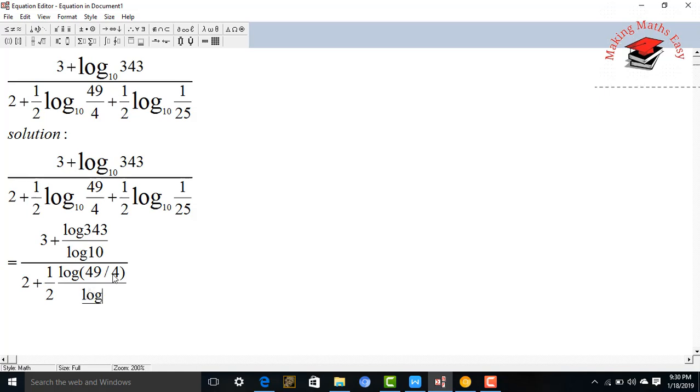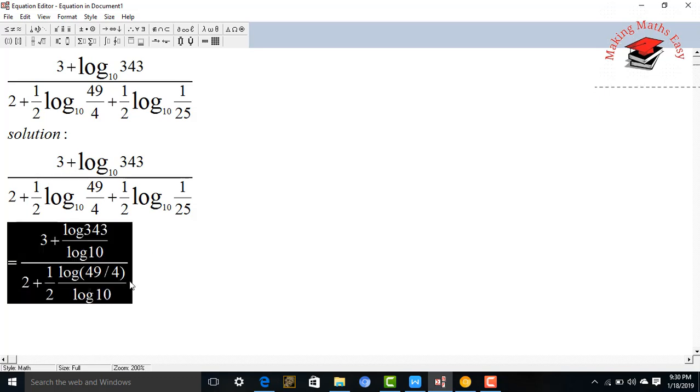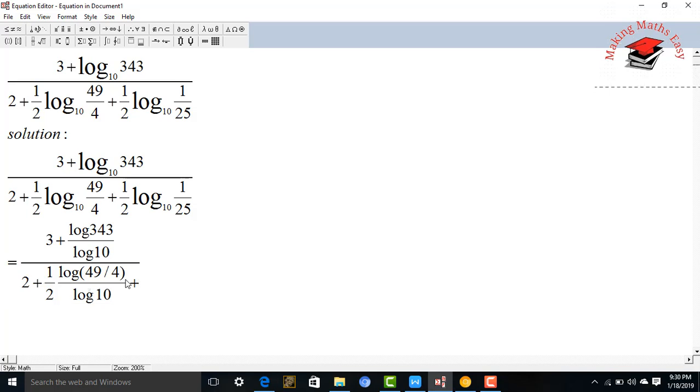So log of 49 divided by 4 divided by log of 10, plus 1 by 2, we will use divide operator again, 1 divided by 2 log of 1 divided by 25 divided by log of 10.